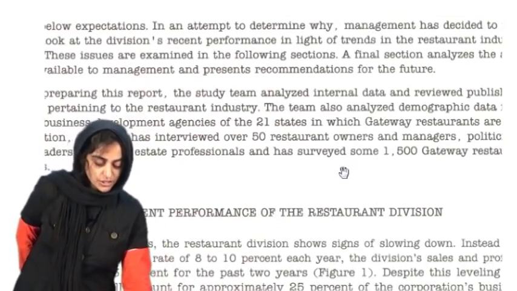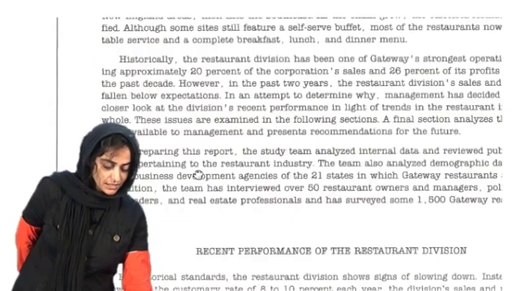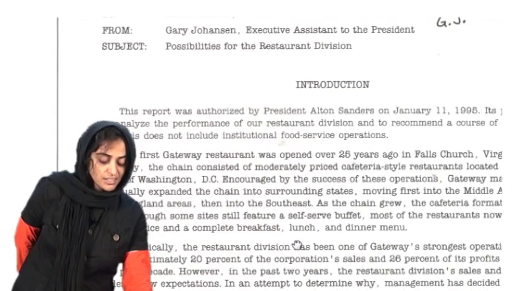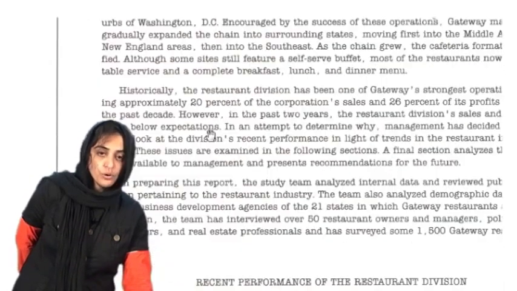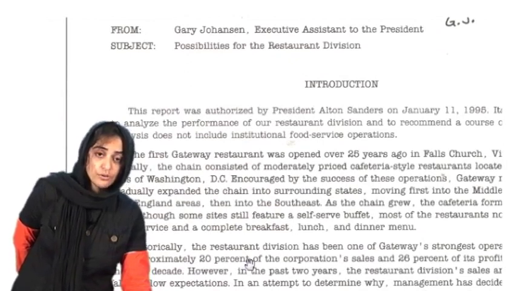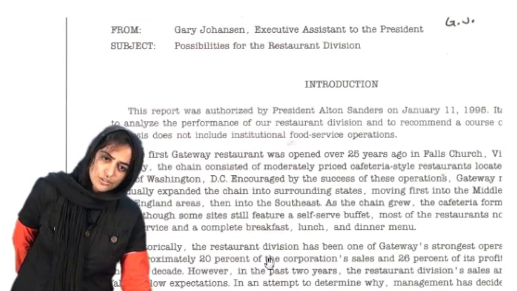So this was the introduction by, as you can see, dear students, I'm scrolling it down again, Mr. Gary Johansson. In that introduction portion, there is no hint of any conclusion or recommendation. The 2 plus 2 equals 4 approach does not recommend floating the conclusions or recommendations in the beginning.